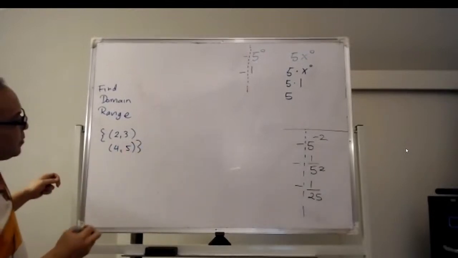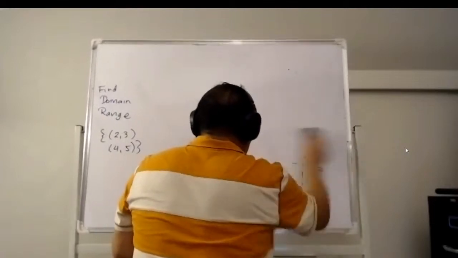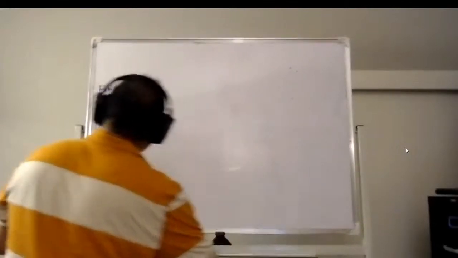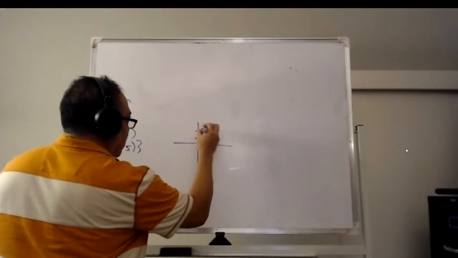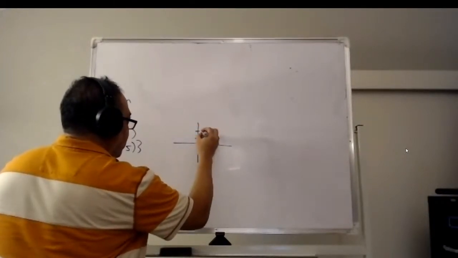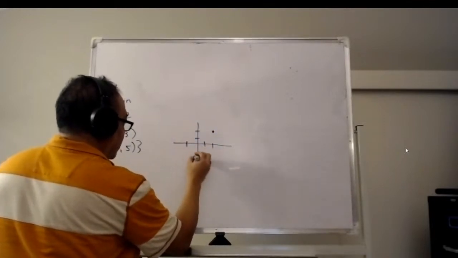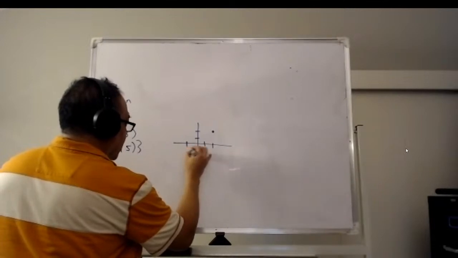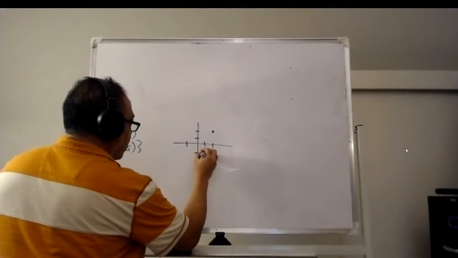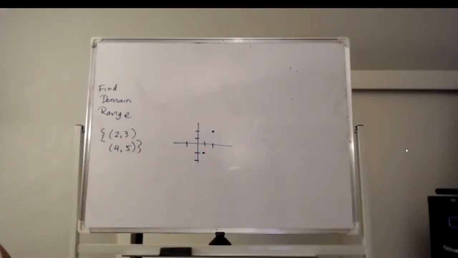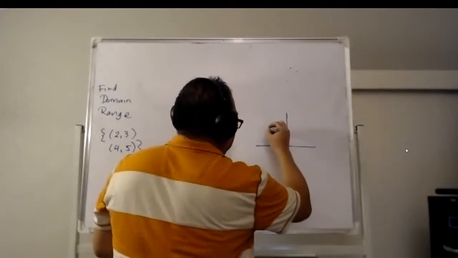Now there's another one where they give you a graph and they give you points. And then let me put another point. There. And then there's another one where they give you something that looks like this.